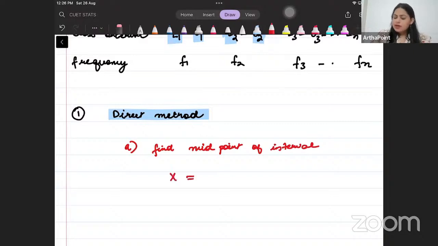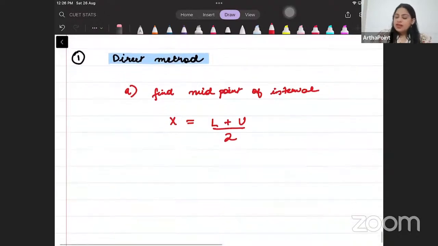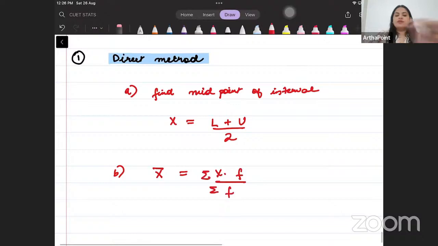Midpoint will be nothing but lower limit plus upper limit divided by 2. Now that midpoint will act as an X for you. And then you can just find the mean by doing X into F summed up, divided by summation F.